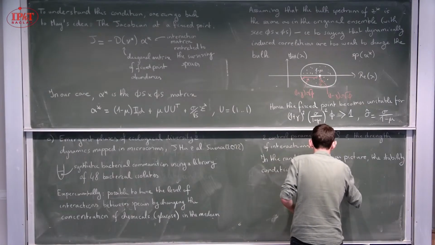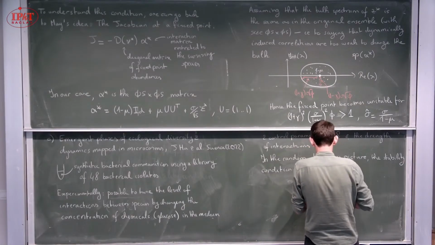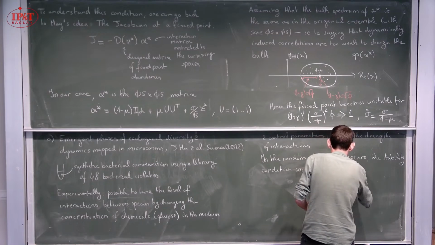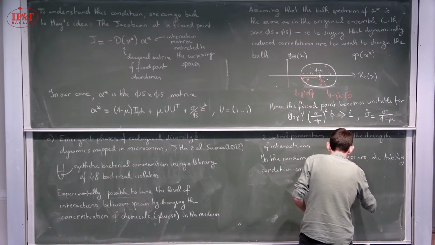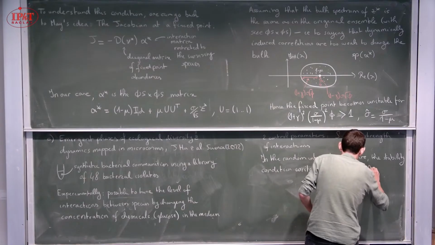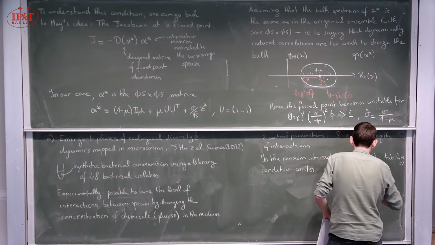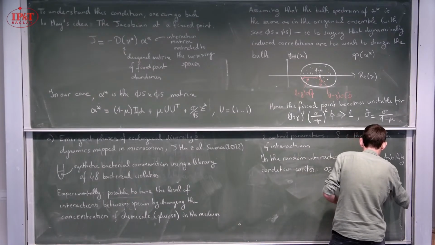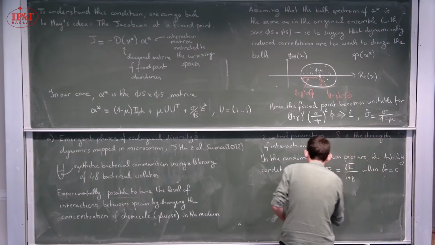So sigma c is equal to square root 2 divided by 1 plus gamma when delta r is equal to 0.